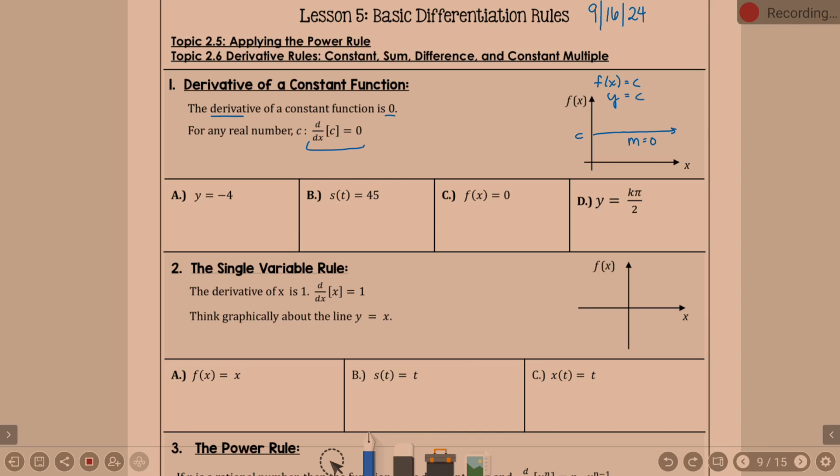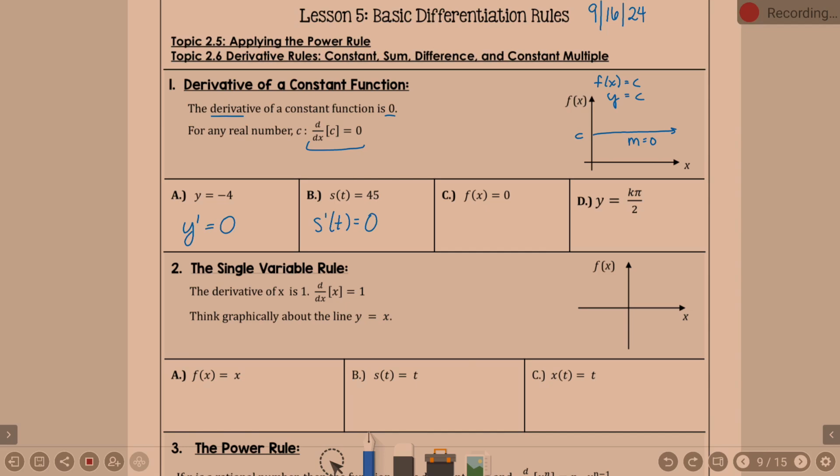So the derivative of c with respect to x is equal to 0. Okay, so y equals -4. We're being asked to find the derivative of all of these. If y equals -4, I'm going to use the notation y prime. What is y prime? 0. The derivative of a constant number is always 0. If s of t is 45, what's s prime of t? 0.